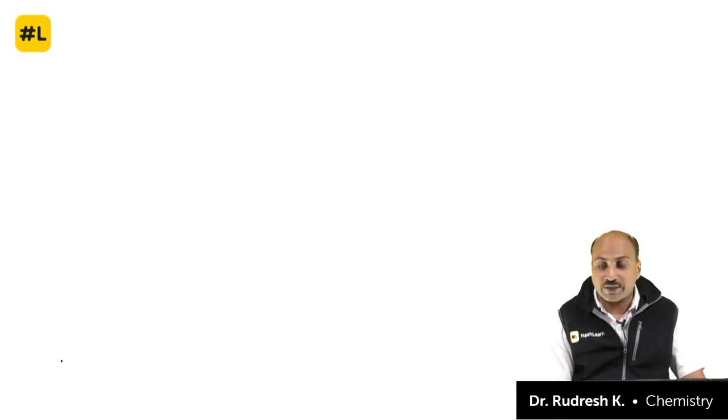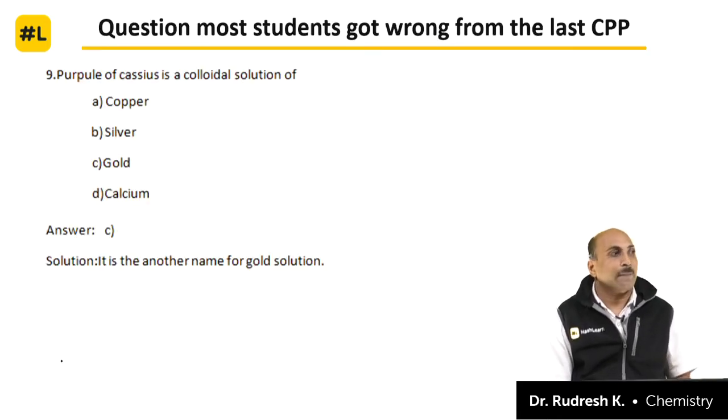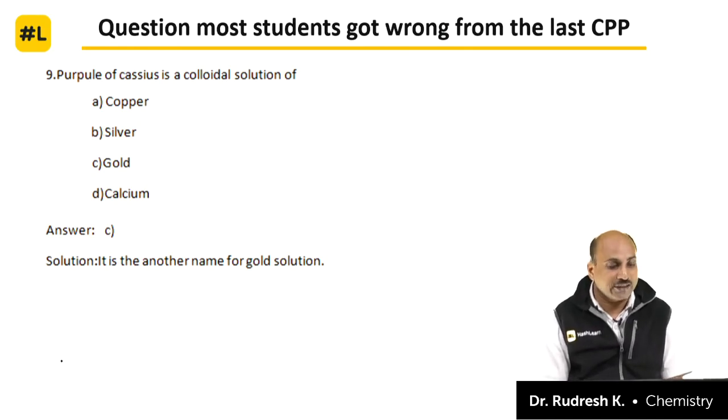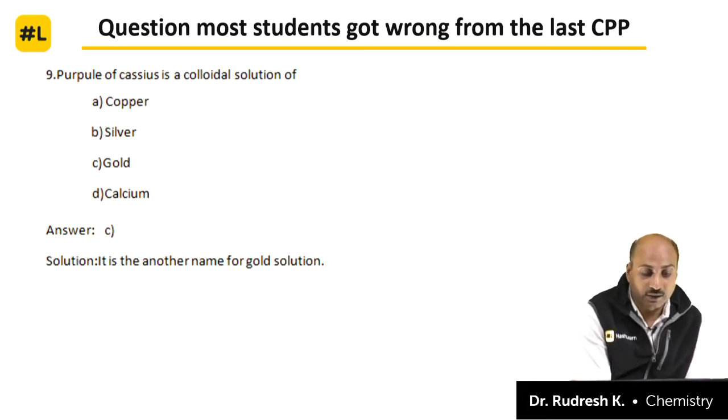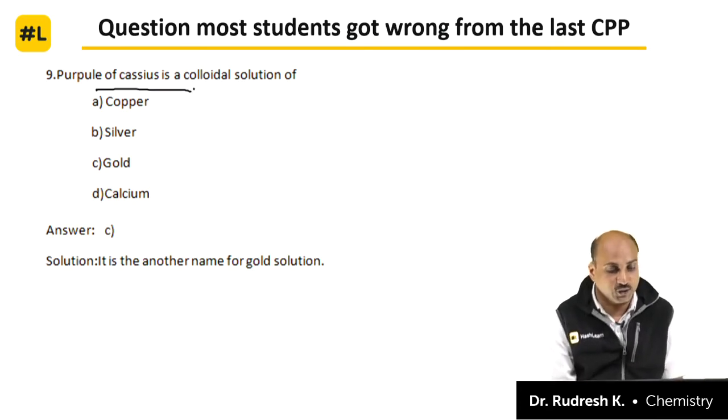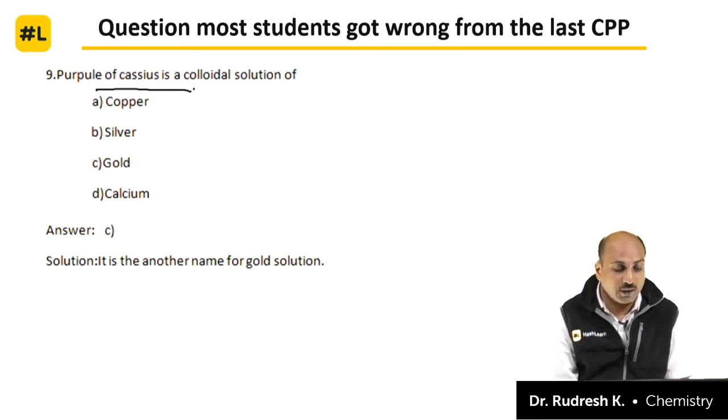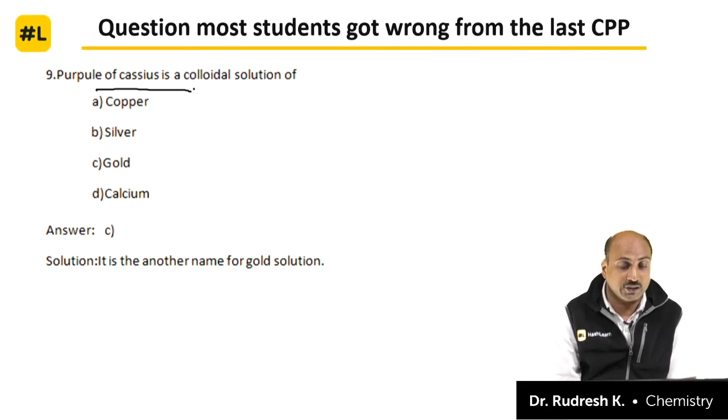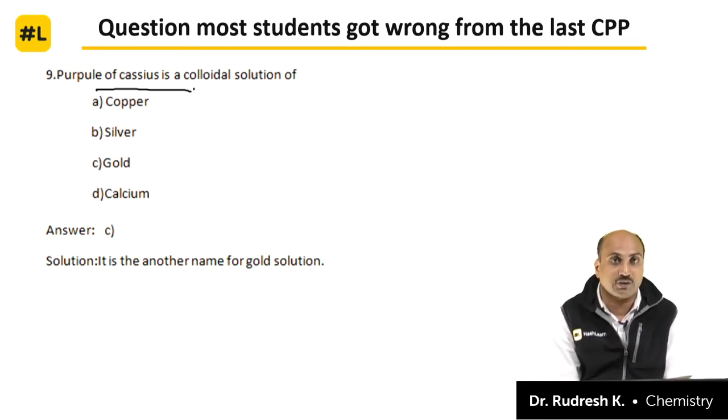Before getting into the actual topic, let me talk about the CPP question which went wrong for the majority of the students, which I had done in my last colloidal class. The question is about the purple color of a colloidal solution, which I discussed in the application of gold.